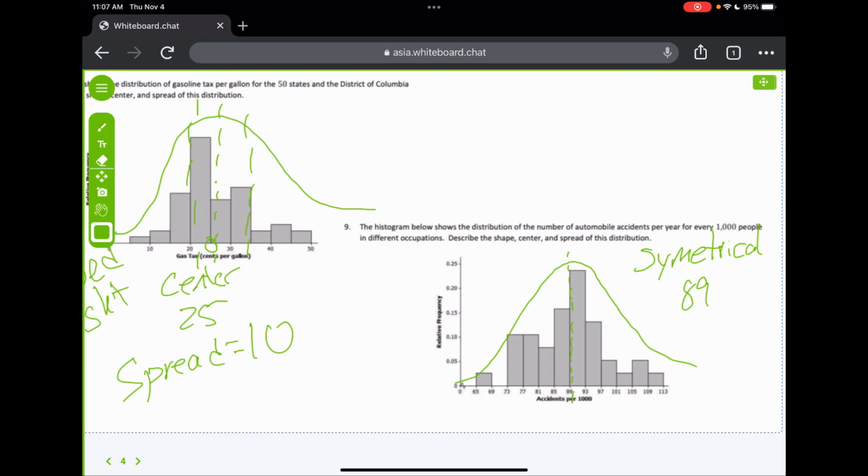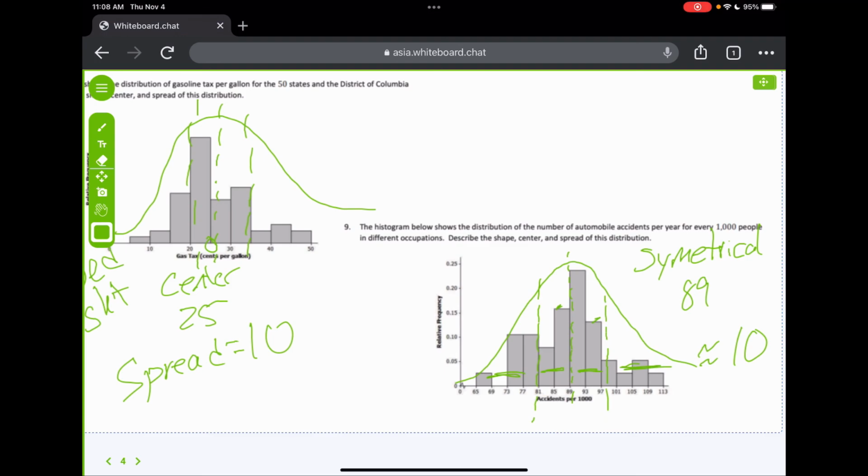If we go up to 100 right here and down to about 80 right here, that's kind of got it spread out pretty evenly. So we'll call the spread again about 10.